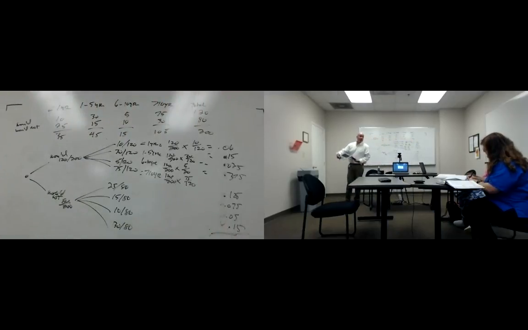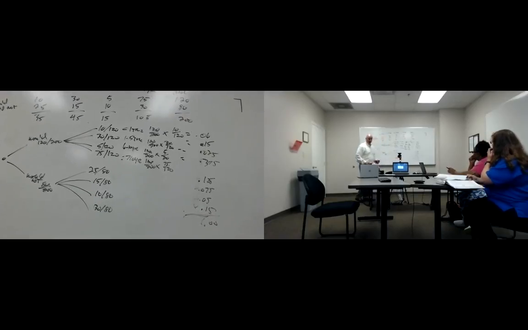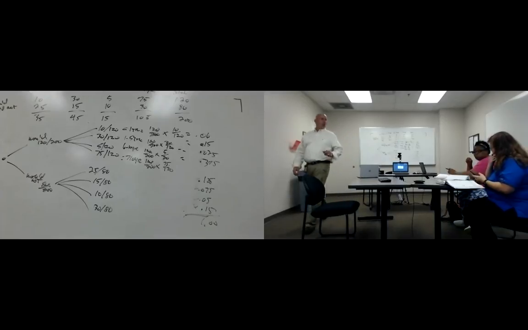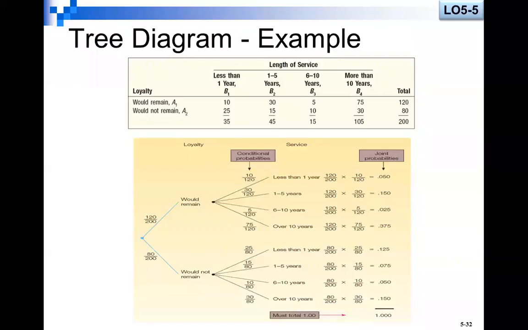Doing this on out, you would sum the rest of those out, and my sum is going to be equal to 1. So there we go.